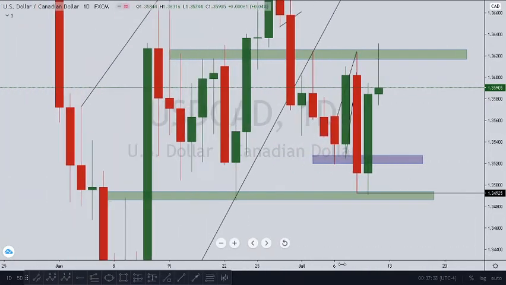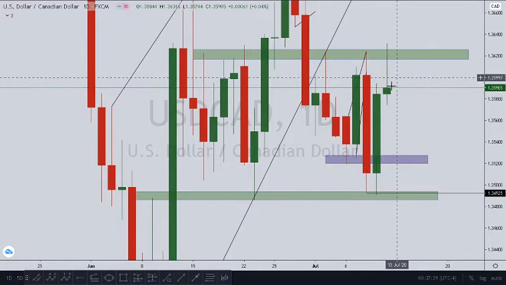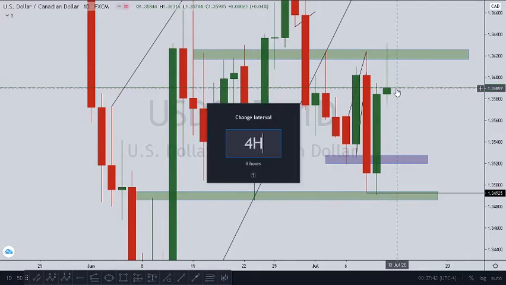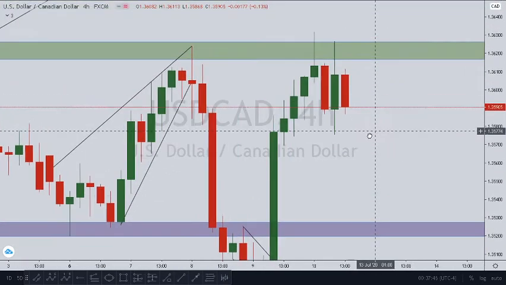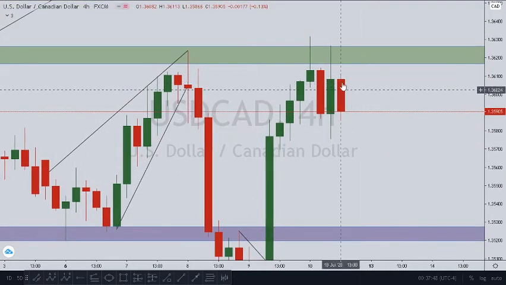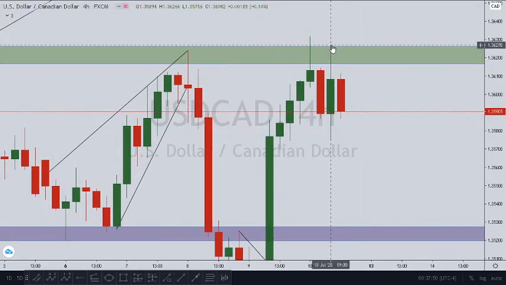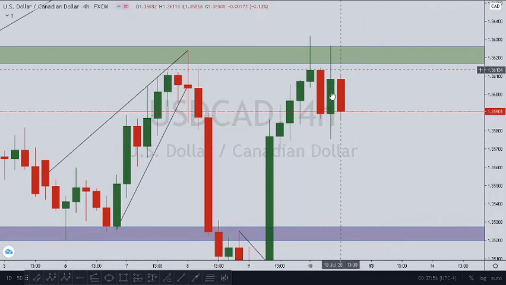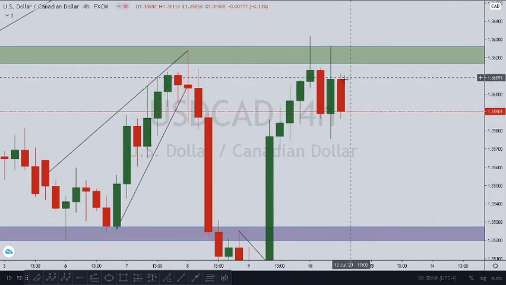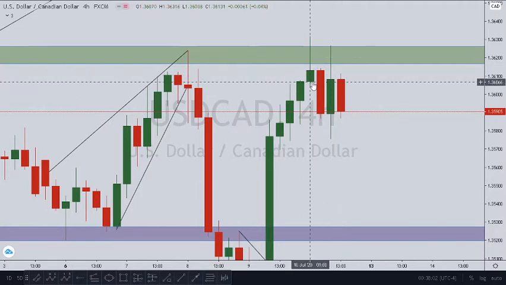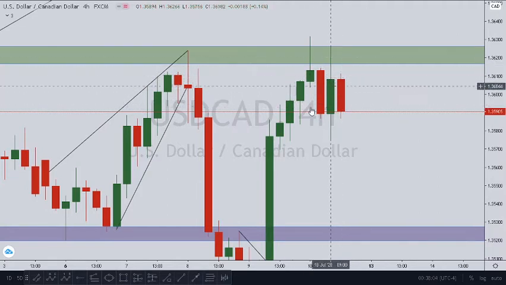That's one scenario, right? On the 4-hour time frame, we see that this is an inside bar. What is an inside bar? An inside bar is when, if you were to compare the high of this candle or the low of this candle, it will engulf the candle to the right. That is an inside bar. If it was the other way around, it would be a bearish engulfing.